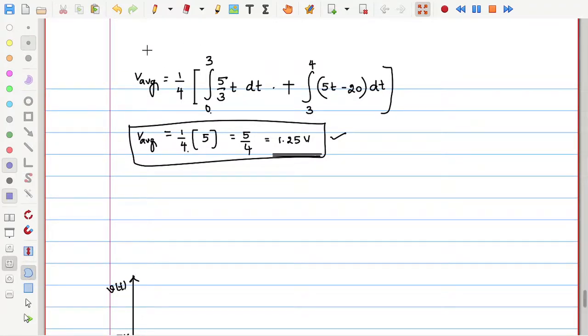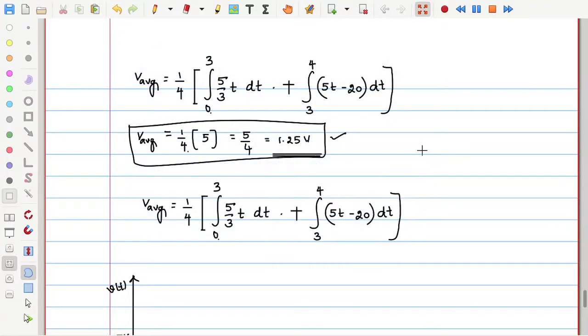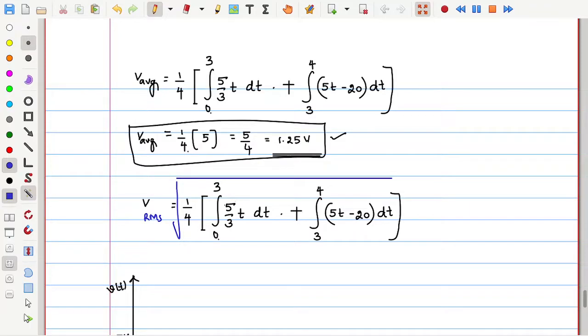Let me take this entire expression because it is very helpful. Now I'll edit this. So this is RMS, for which additionally I am adding a root. I am making the square of every function.